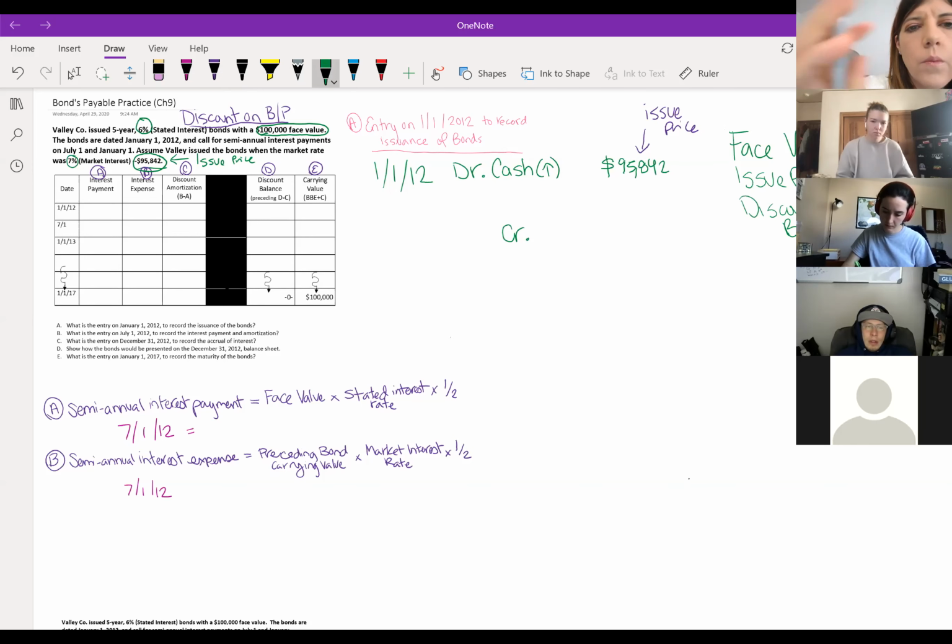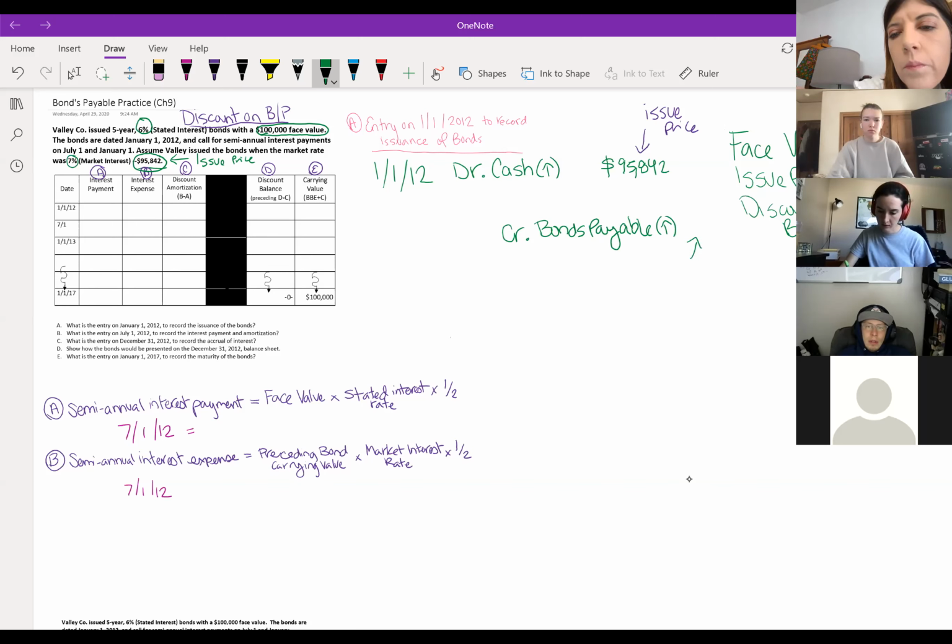And before we get to that next part, we're going to credit what? Bonds payable. It's a liability, right? We have to repay this amount. And what am I going to credit to bonds payable? 100,000.